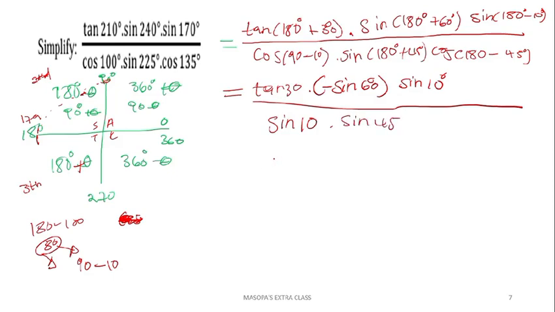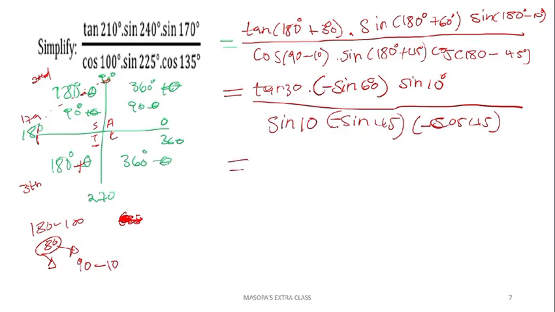Then cos 180 minus 45 is on the second quadrant, and there cos becomes negative, so we have negative cos of 45. Can I go back to sine 180 plus 45? This sign must be positive. I think I'm too fast.